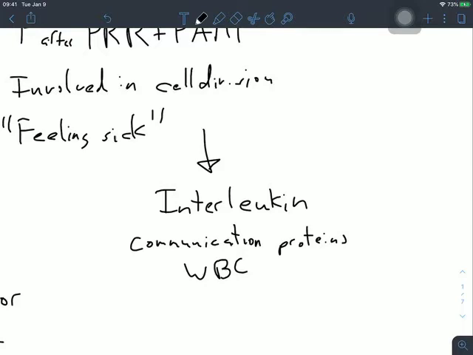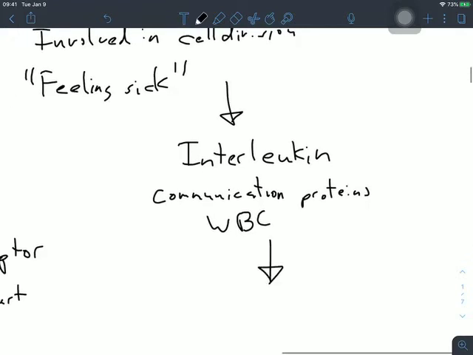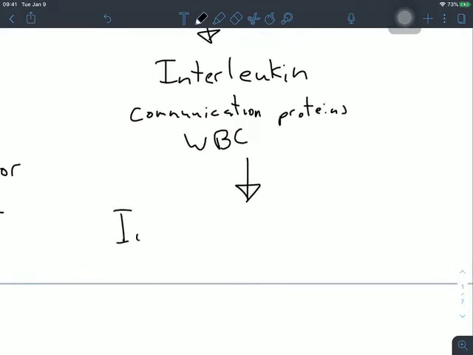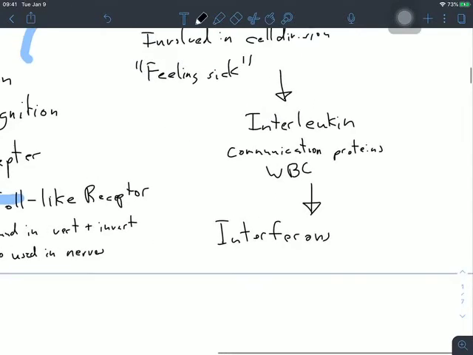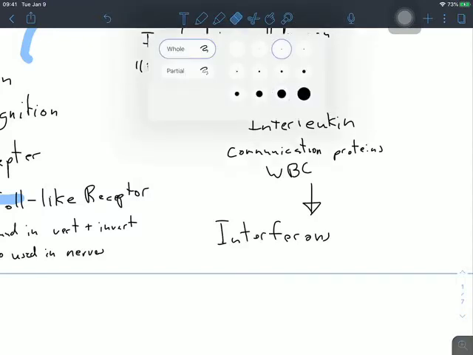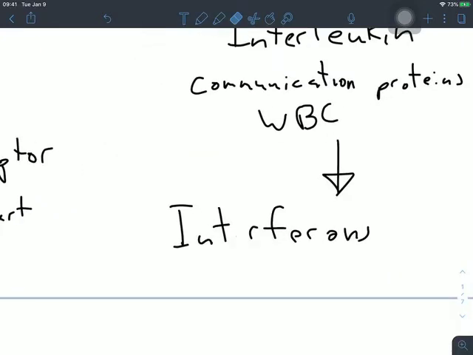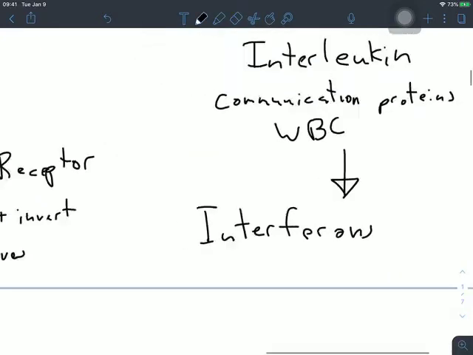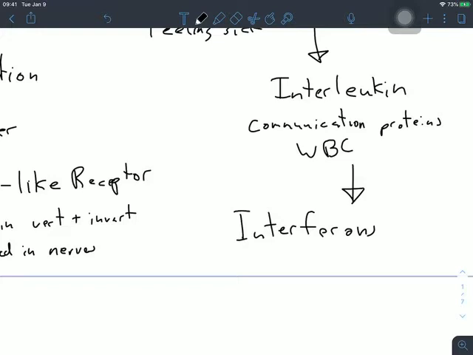Now, one of the defenses that they commonly will mount is the production of proteins called interferons. And while interleukins are kind of specific to exactly what they're making, interferons are a little bit more specific and generally made.